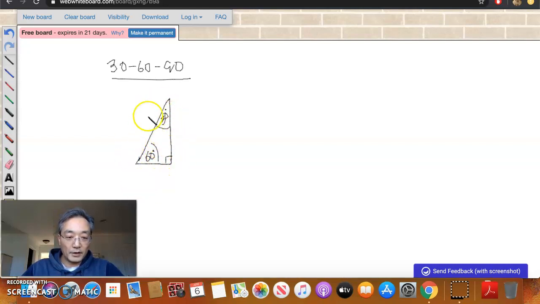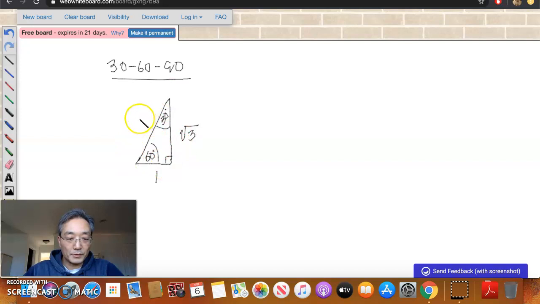And again, there could be many different combinations for the sides of a 30, 60, 90 right triangle, but one of them is this. The side opposite 30, if I call that 1, and the side opposite the 60, I call that radical 3.